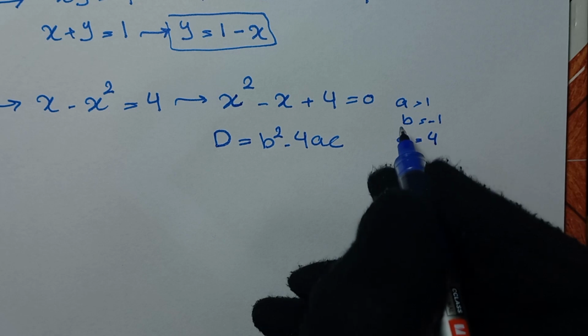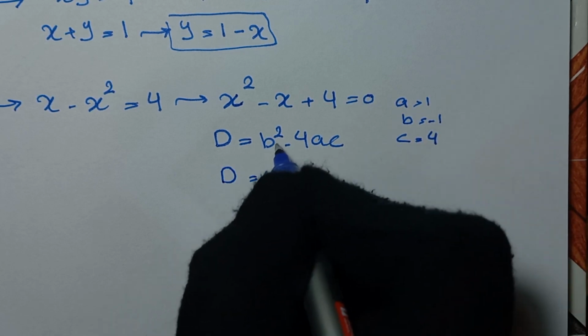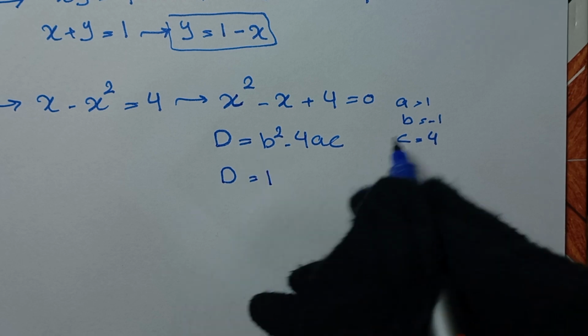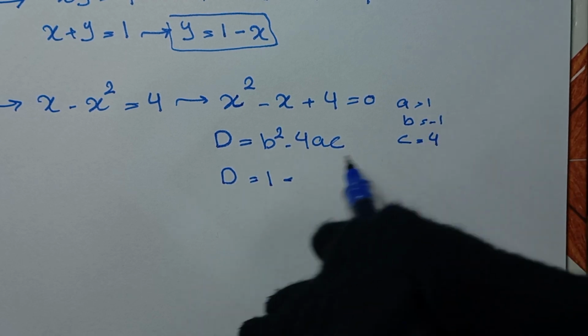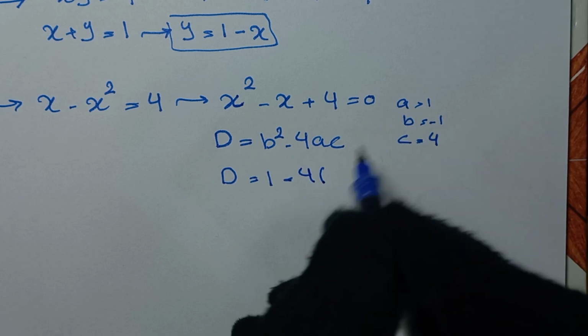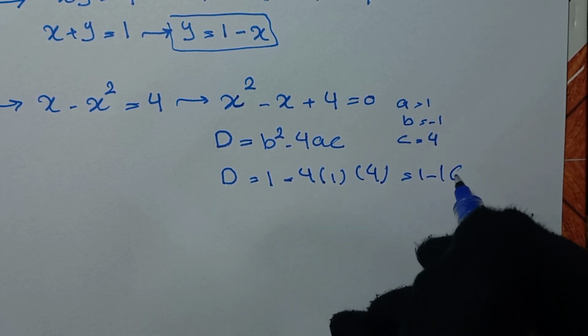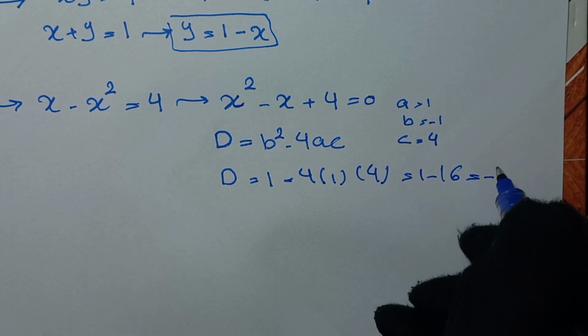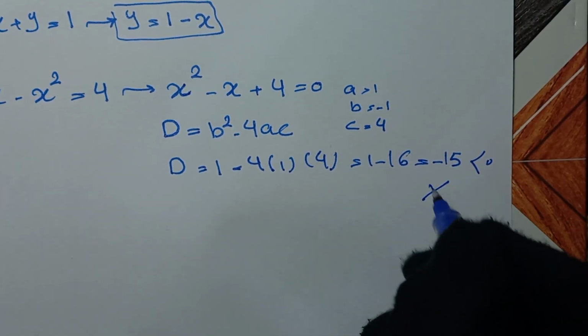So if we substitute these values in this equation, discriminant is equal to b squared, negative 1 squared is 1, minus 4ac, 4 times a is 1, and c is 4. So in here it will be 1 minus 16, and 1 minus 16 will be negative 15, and discriminant is less than 0. So in here we have no real solution.